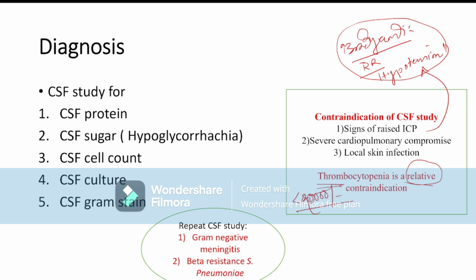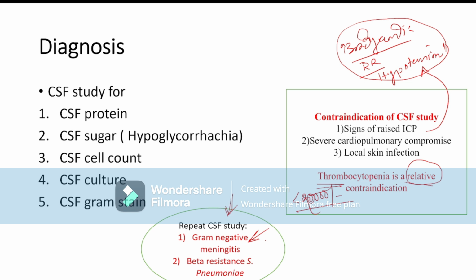Now come to some tricky questions. When do we repeat the CSF study? There are only two indications for a repeat CSF study. First, if the child is suffering from gram-negative meningitis, we have to do a repeat CSF study after treatment. After treatment with antibiotics, the gram-negative organisms in the CSF are killed, and after 2 to 3 days a sterile CSF may be present. So we repeat the CSF study after 2 to 3 days to see whether the CSF is sterile or not.